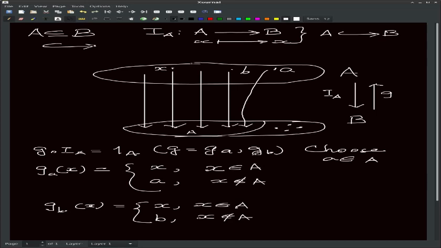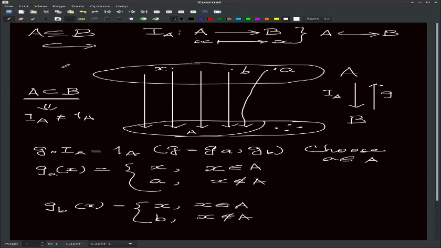Both of them, and they cannot be equal, because obviously if A is a proper subset of B, then your inclusion of A is not the identity map.